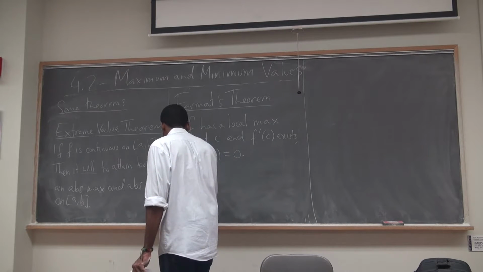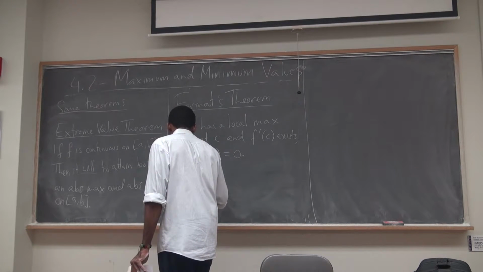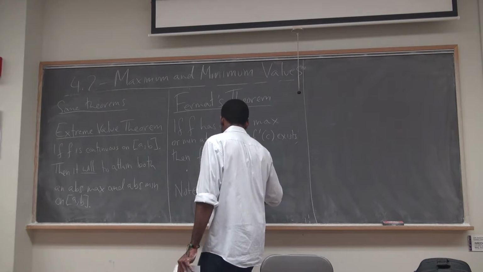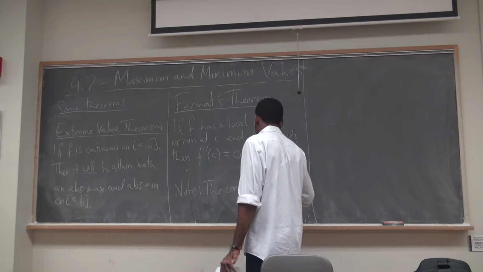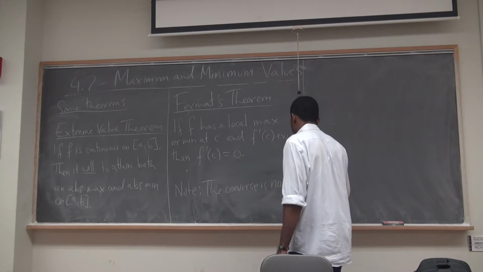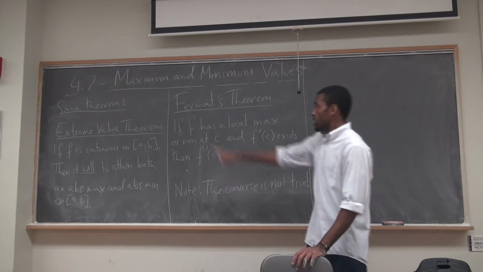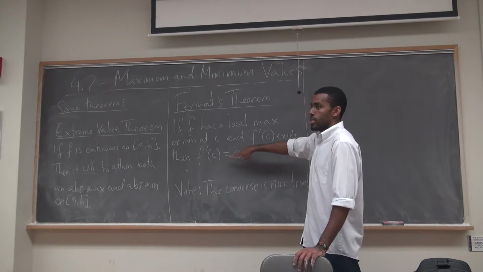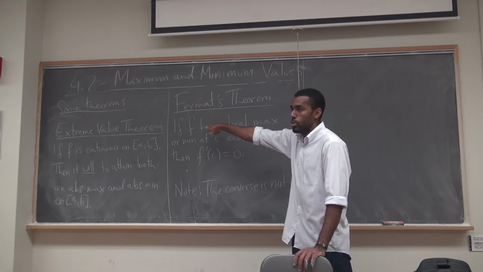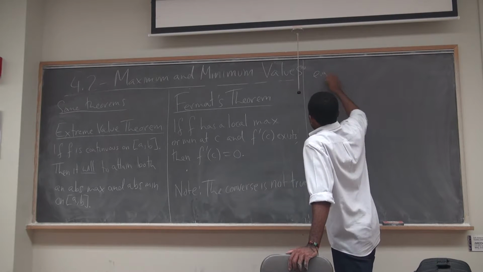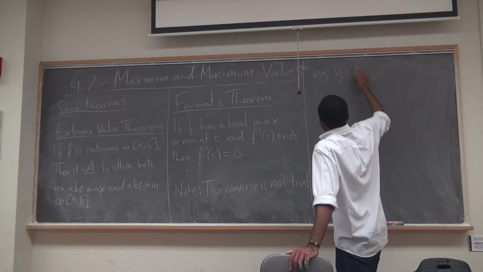One thing you should note here: the converse is not true. Converse is a reverse statement, right? So I said, if this happens, then that will happen. It's not always true that if this happens, then that will happen. In fact, in this case, we know it's not true. So an example would be something like y equals x cubed.